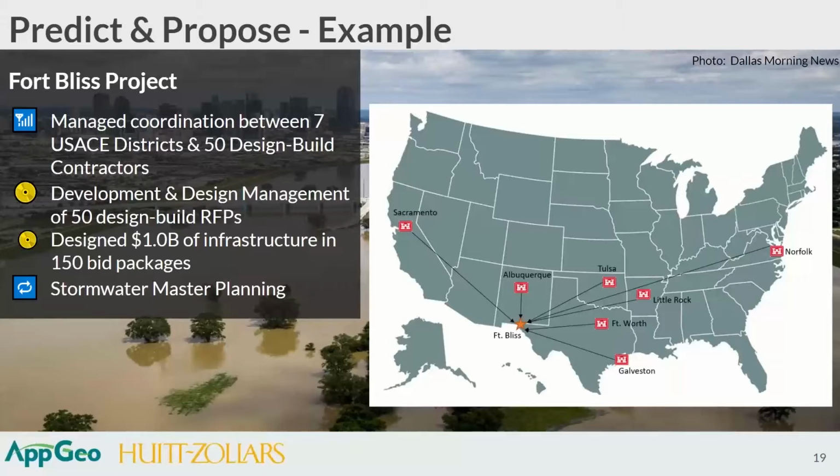In addition, in-house design of over $1 billion of infrastructure in 150 separate packages, and stormwater master planning for the areas of expansion as well as the historic main cantonment within the base. And keys to success for this project were proactive development of communication protocols and processes.